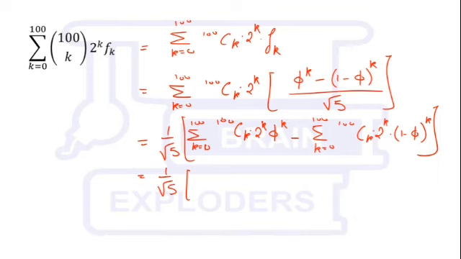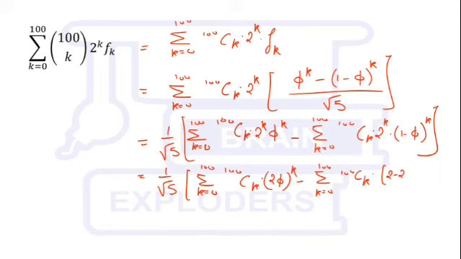It can be written as summation k is equal to 0 to 100 100Ck times (2 phi) raised to the power k, and similarly in this second term 100Ck times (2 minus 2 phi) raised to the power k.